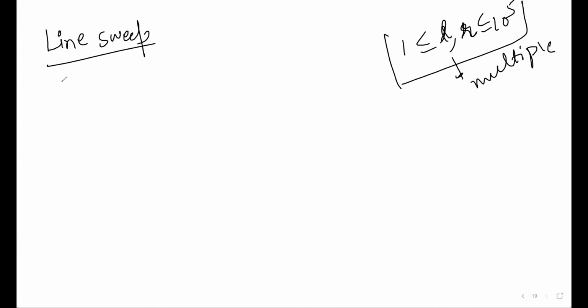What you have to do is create an array. Suppose I call it P. The size of this array is going to be mx plus 1, mx plus 2, sorry. What is this mx?